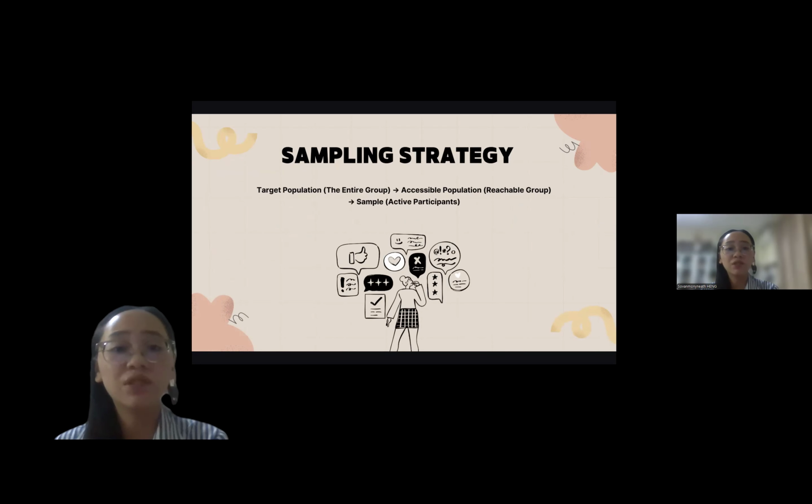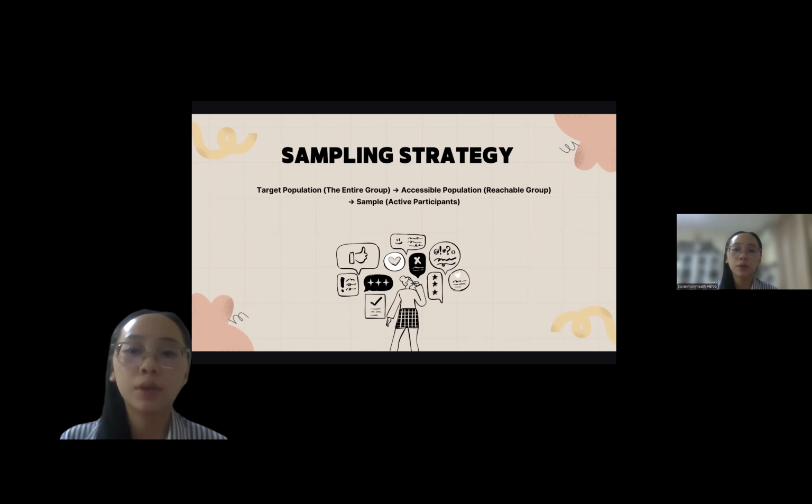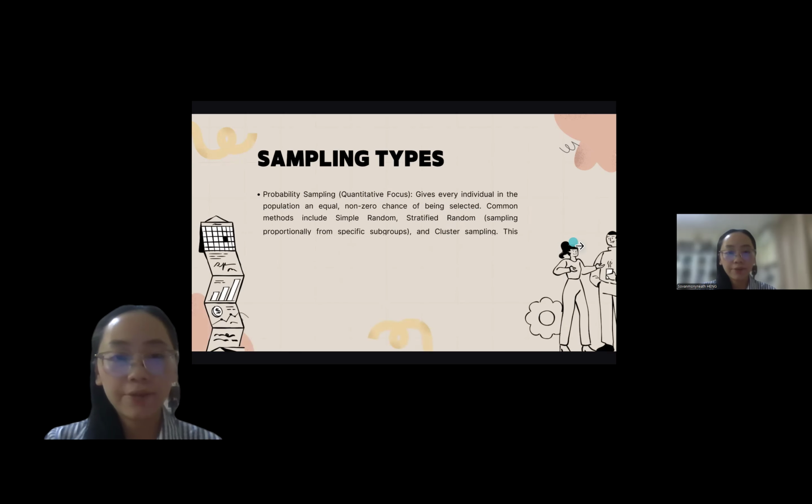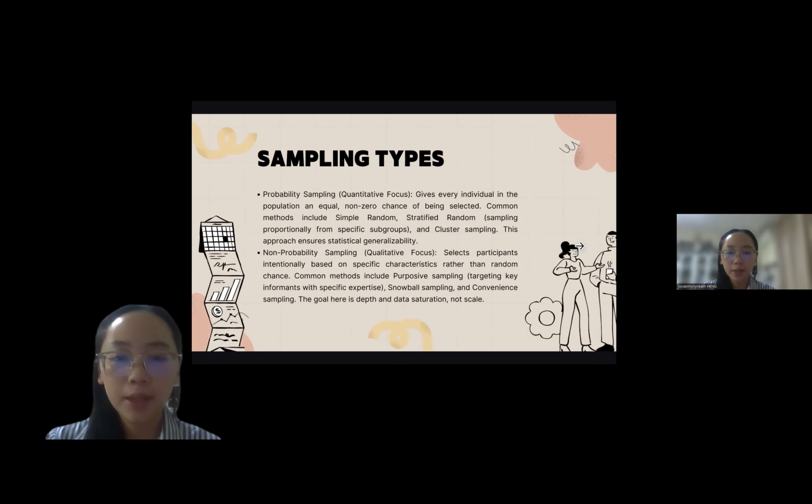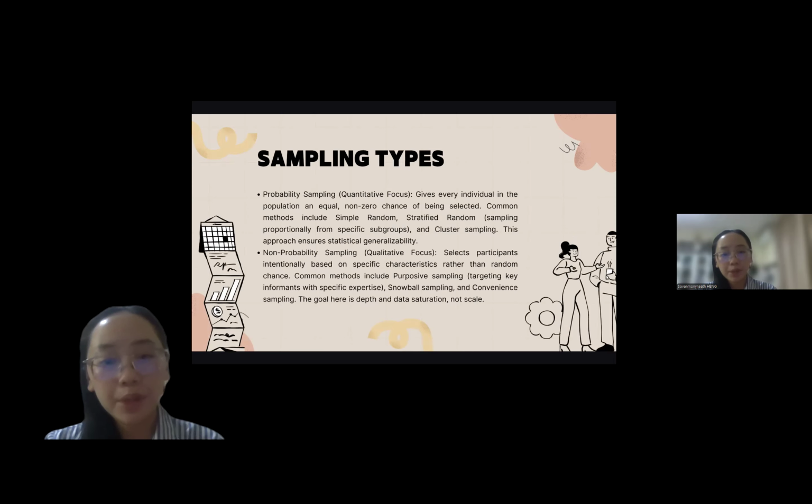Then comes our sample, which is only the active participants of our study, focused on our question and research objective. We also have types of sampling. Here I focus on two main types: probability sampling, with a quantitative focus, and non-probability sampling, with a qualitative focus.